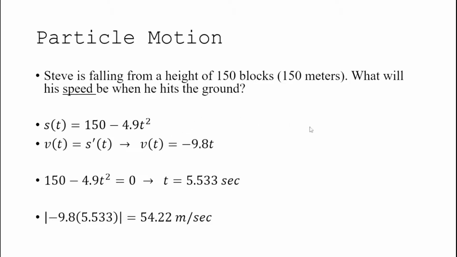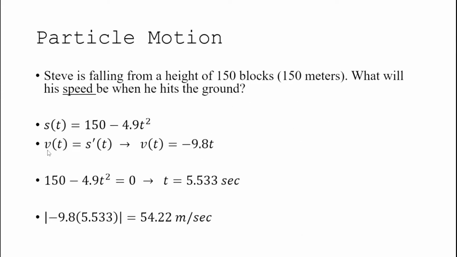And speed, when we're dealing with speed, it's the absolute value of velocity. So we have our function here. The displacement is equal to 150, which is the height of the start, minus 4.9 t squared. 4.9 t squared is a relation of the time to the speed at which he increases as he goes to his death.